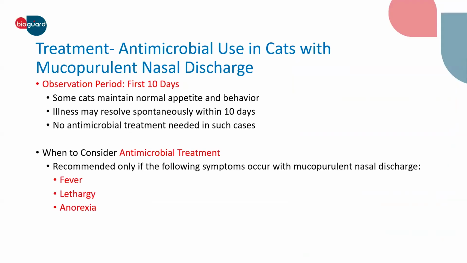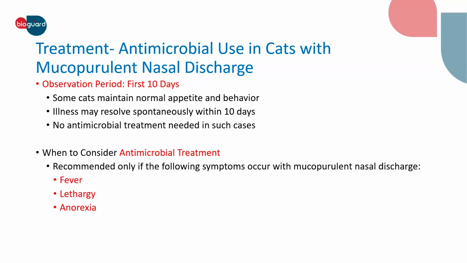Once the cat is identified or strongly suspected of having a URI infection, what are the treatment options? In cats with mucopurulent nasal discharge, sometimes we may wonder if antimicrobials are necessary.